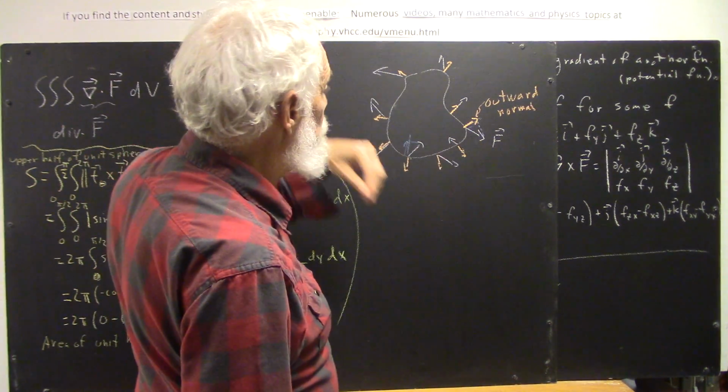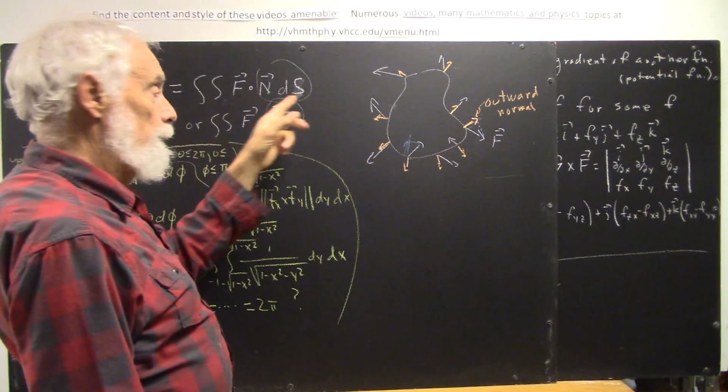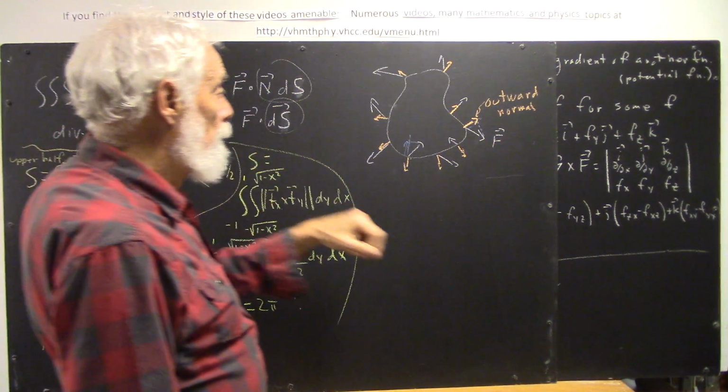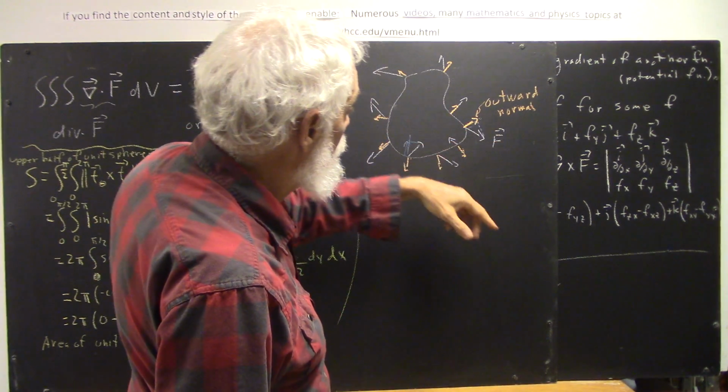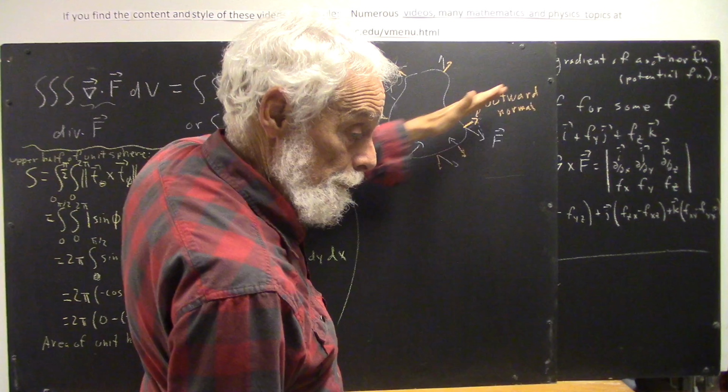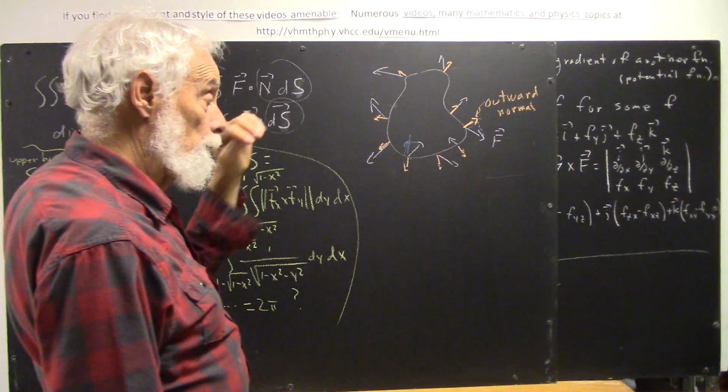Okay, well, what does it mean to integrate F dot N dS? It means that you take your F function, your field, and dot it with your normal vector, and preferably with a unit normal vector.